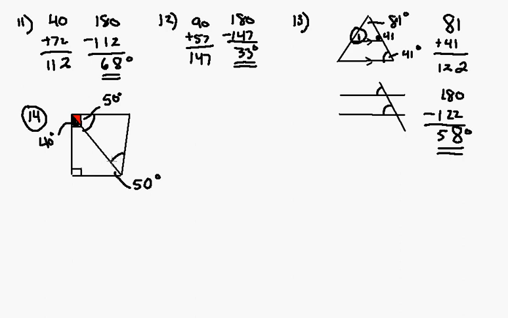So if this angle here and this angle here add up to 100, and the three angles have to add up to 180, we would simply find the measure of this angle then. So measure of angle 1 is going to be 180 minus 100, which would be equal to 80 degrees. So that'd be 14. Okay?